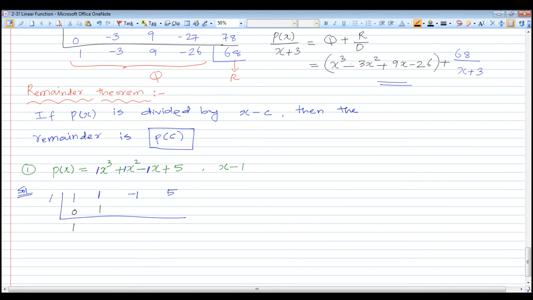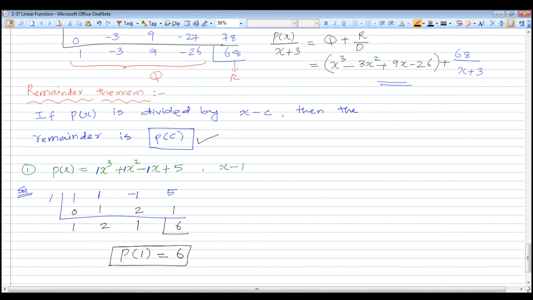Multiply, you will get 1. Add, 2. Multiply, 2. Here 1, add, 2. Multiply, you will get 1, add, 6. So the remainder, p of 1, is equal to 6. This is what the remainder theorem says, right? So this is the rule.